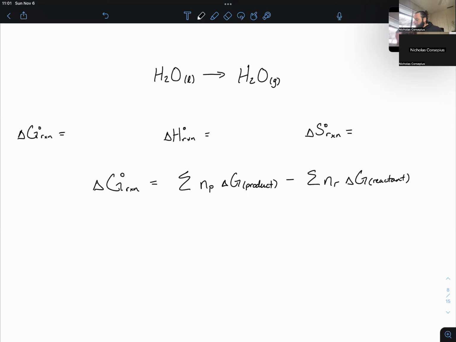So similarly to when you're calculating equilibrium constants, you say to yourself, products over reactants. For this, you want to be chanting to yourself, products minus reactants.